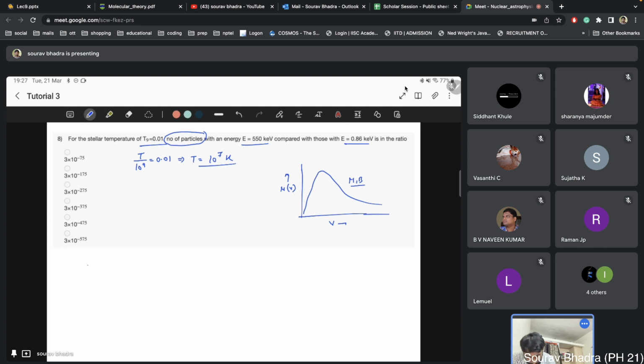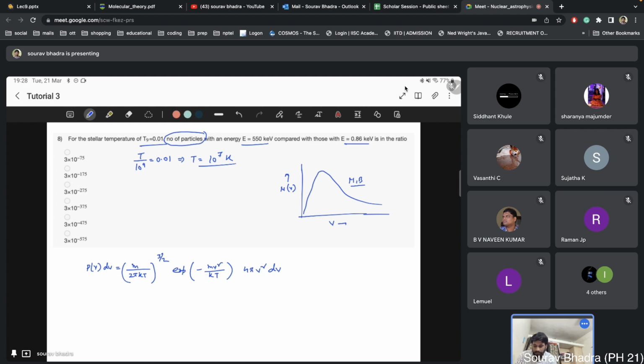So let me write it here. P(v) dv is actually (m by 2 pi kT) to the power 3 by 2 times exponential of minus mv square by kT times 4 pi v square dv.